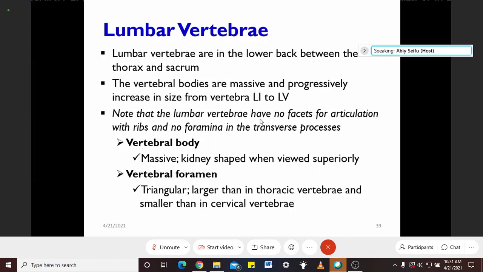And unlike the thoracic vertebrae, there is no facet on its body or its transverse process. As well, there is no foramen on its transverse process.